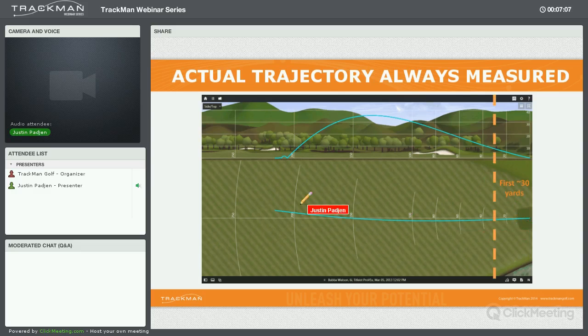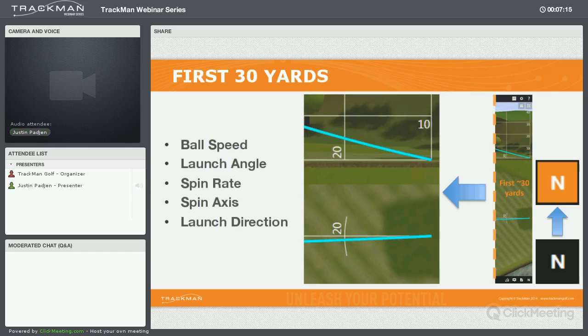As far as how normalization works, what we're really concerned about is that first 30 yards of ball flight. In that first 30 yards, TrackMan's going to be able to know what the ball speed is, what the launch angle is, spin rate, spin axis, and launch direction.